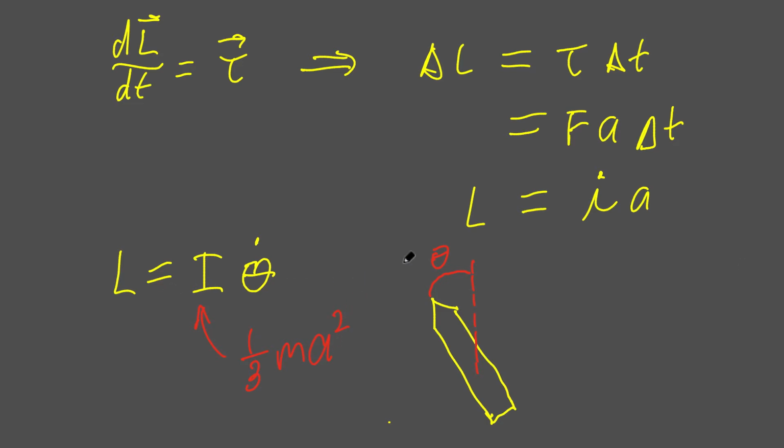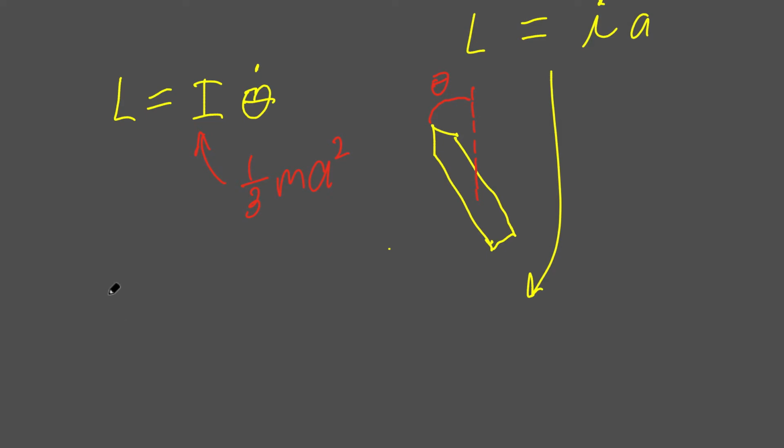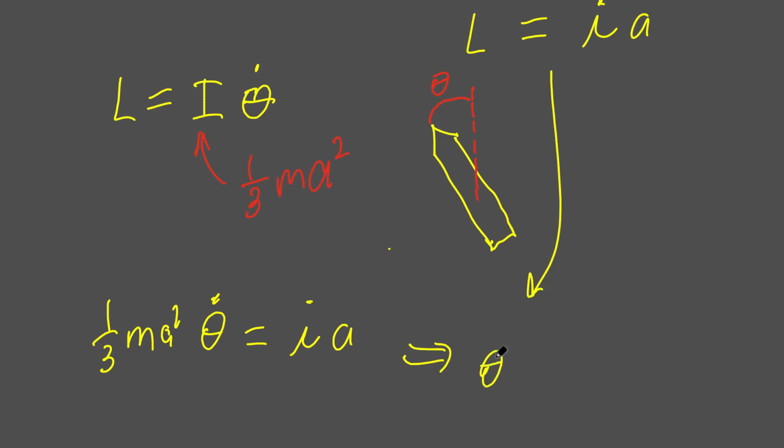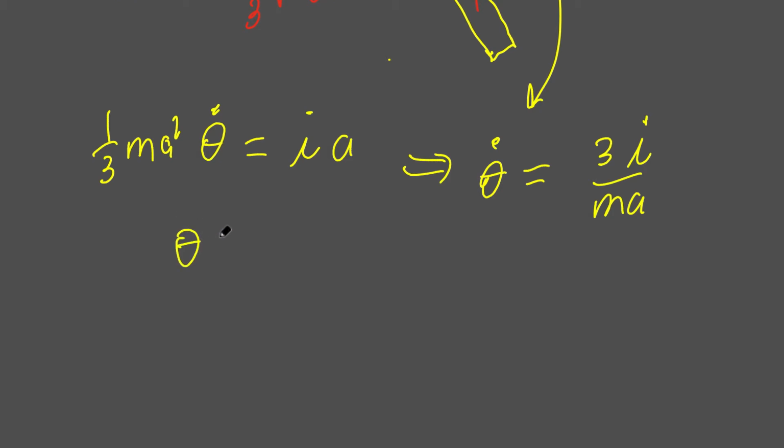So if we put this together, this equation becomes 1/3 m a squared times theta dot is equal to I times a, or in other words, theta dot is equal to 3I divided by ma. And because theta dot is constant in time once it's been kicked, we can just integrate this and find that theta as a function of t is 3I over ma times t.